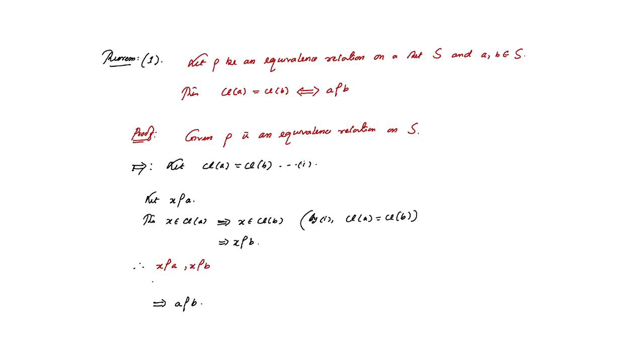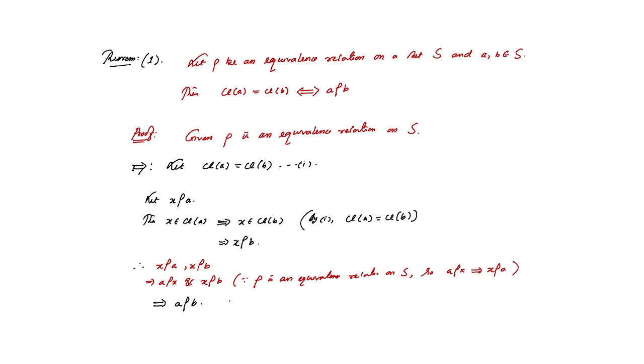And from this we can write A is related to X and X is related to B. Why? Because of symmetry, since rho is an equivalence relation on S. So A rho X implies X rho A; symmetry holds.